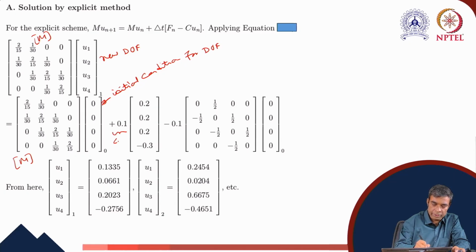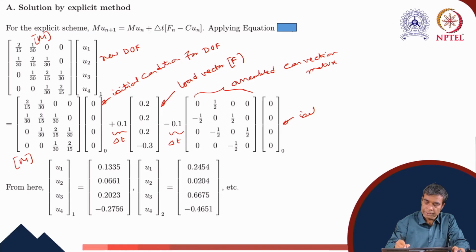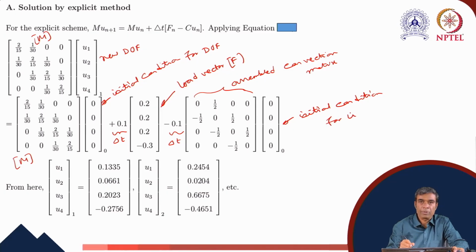This 0.1, this is our time step size, and this our load vector F. So this is delta t. This is our assembled convection matrix, and this is our initial condition for U. So performing this computation, we find the first level solutions.